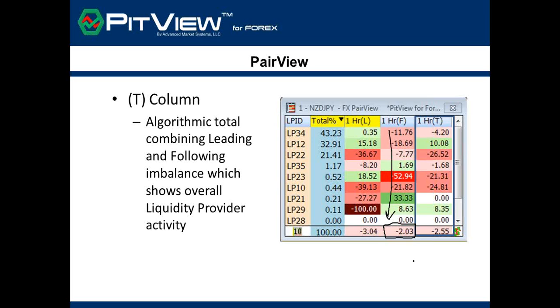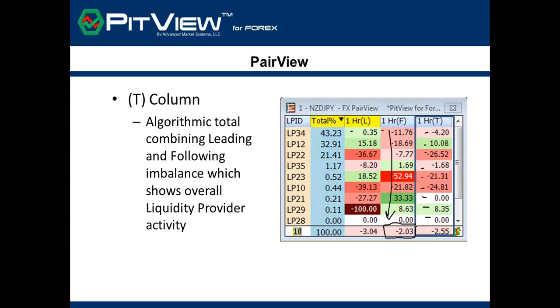Negative 2.03 would mean a sell imbalance, so you'd be favoring shorting New Zealand yen. The 1 hour T is an algorithmic total. It measures based on the percentage of time on leaders and followers. It gives you an algorithmic total of where each market maker stands as far as their total amount of activity when they've either raised their bid or lowered their ask price.